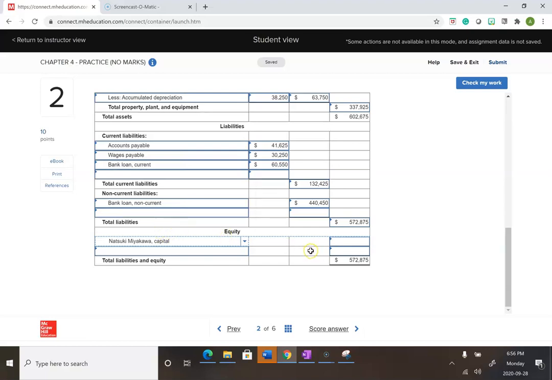And since I know that my total assets are 602,675, I can actually subtract my liabilities from my assets, and that will give me my capital. So that would give me 29,800. And I know that's correct because when I do the accounting equation, it's always your liabilities and your capital equals your assets. Okay, here's the not so quick way.